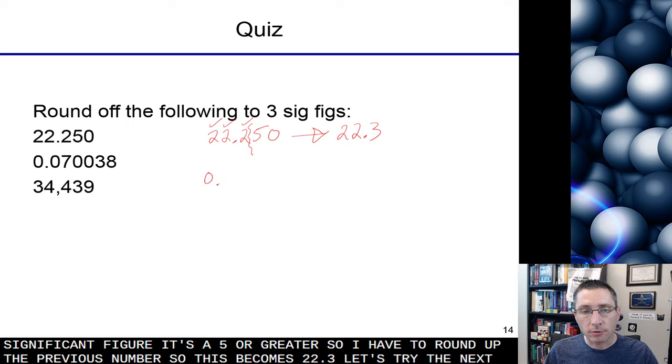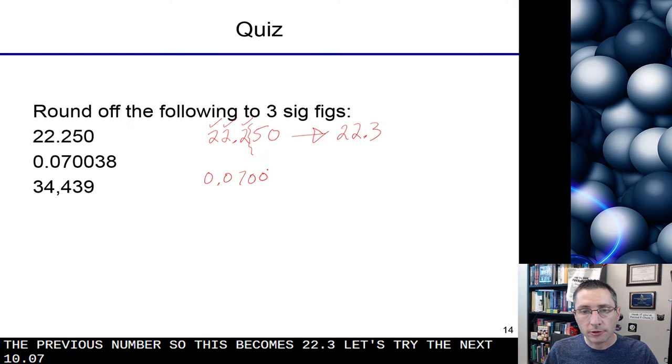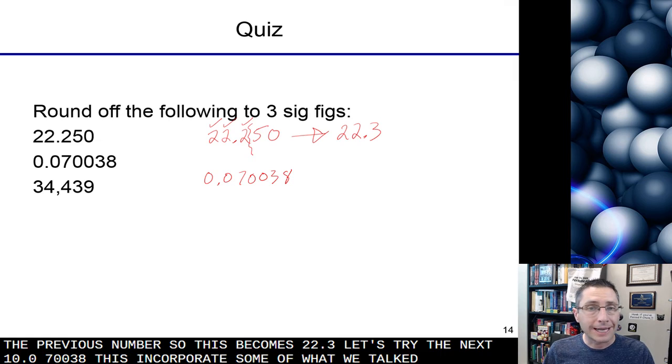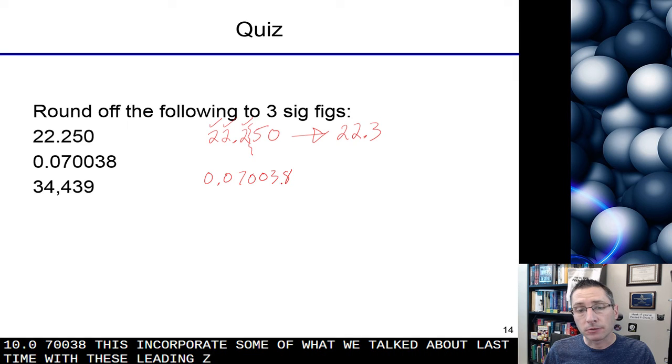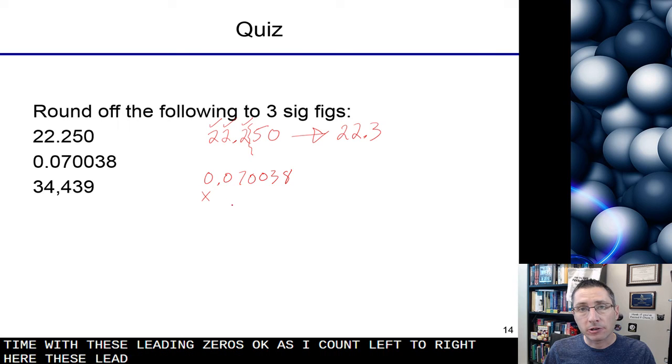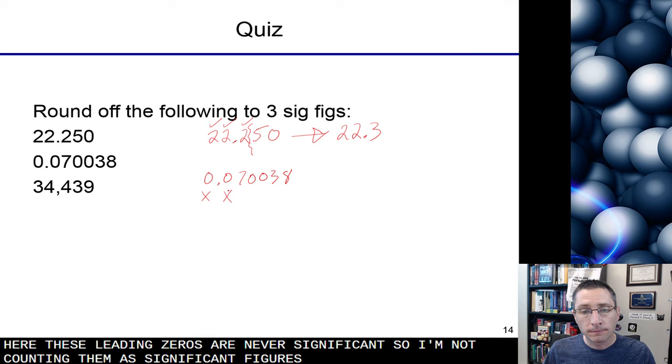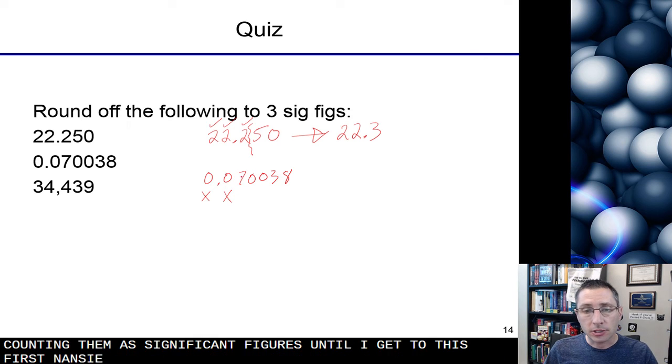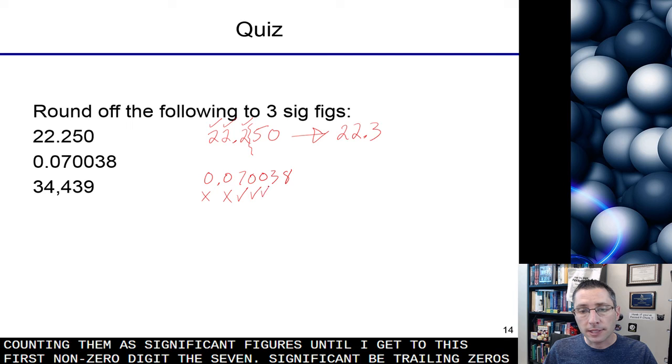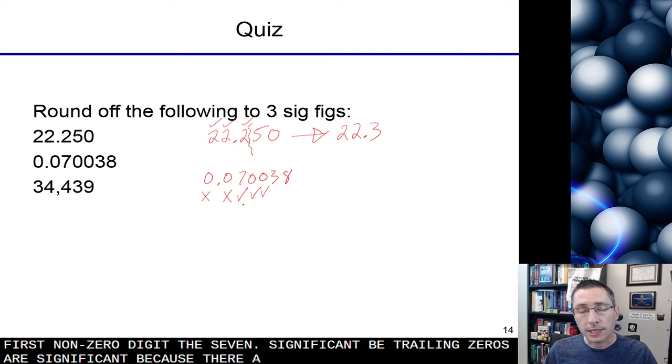Let's try the next one, 0.070038. This incorporates some of what we talked about last time with these leading zeros. As I count left to right here, these leading zeros are never significant, so I'm not counting them as significant figures, until I get to this first non-zero digit, the 7. That's significant. These trailing zeros are significant because they're after a decimal place.